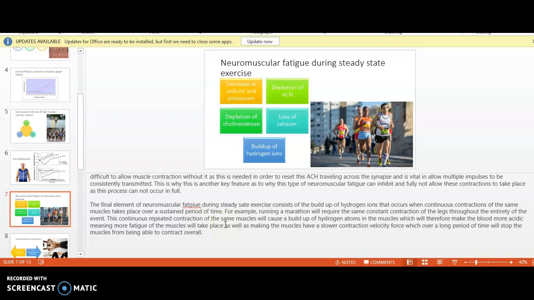This continuous repeated contraction of the same muscles will cause a buildup of hydrogen ions in the muscles, which will therefore make the blood more acidic, meaning more fatigue of the muscles will take place, as well as making the muscles have a slower contraction velocity force, which over a long period of time will stop the muscles from being able to contract overall.